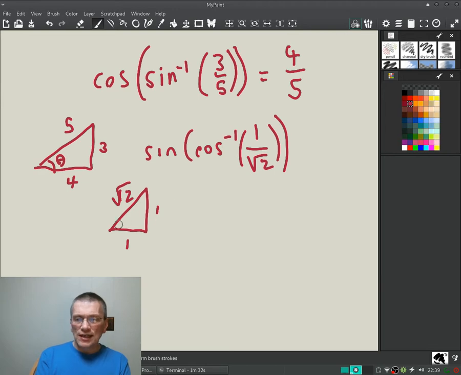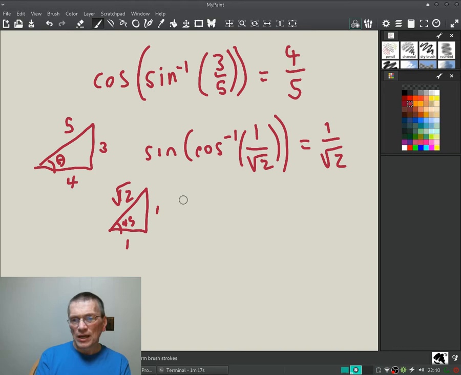So we know that this angle is going to be 45 degrees. And so this is the sine of 45, which again happens to be the same as cosine for 45. So this is 1 over square root of 2.